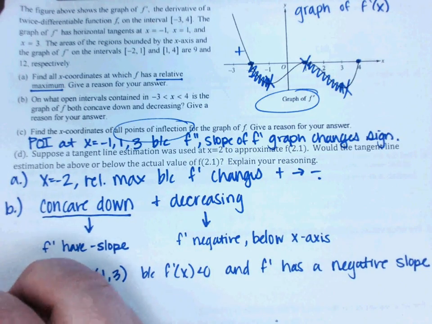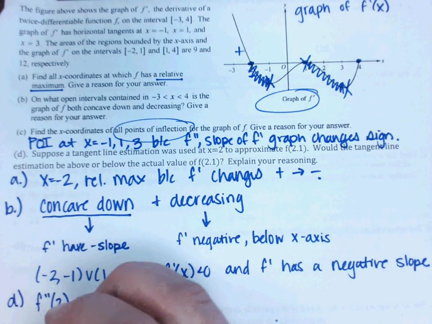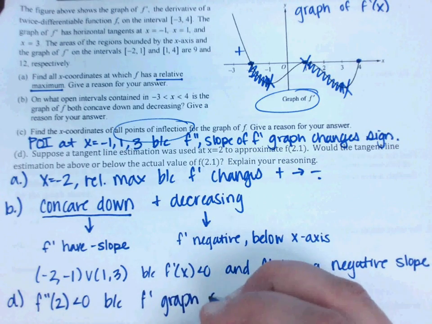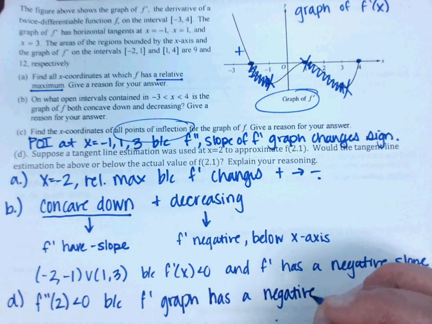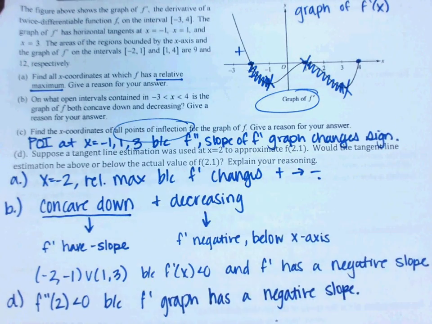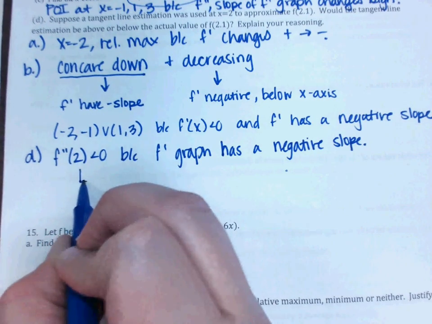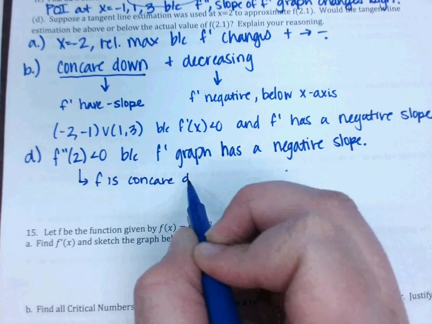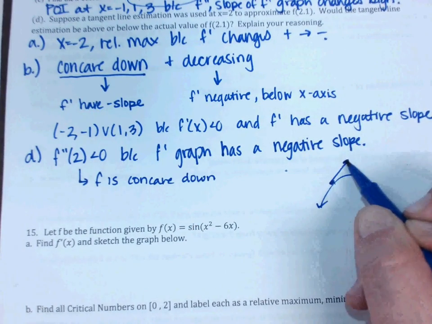Letter D. F double prime of 2 is less than 0 because f prime graph has a negative slope. So when I want f double prime, I'm looking at the slope of f prime. I see that it's negative. Now, if f double prime is negative, that means that f is concave down. And then I'm going to draw a little concave down graph. I'm going to draw a little tangent line on it wherever I want.